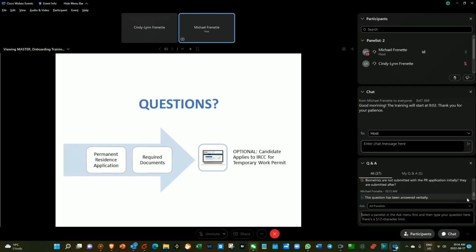It will then be up to the officer reviewing the file whether to provide an exemption from that document or to provide sufficient time for the candidate to obtain it. So again, they need to inform us and show that they made an effort to obtain the document, and then the decision maker assigned to the file will make a final decision.